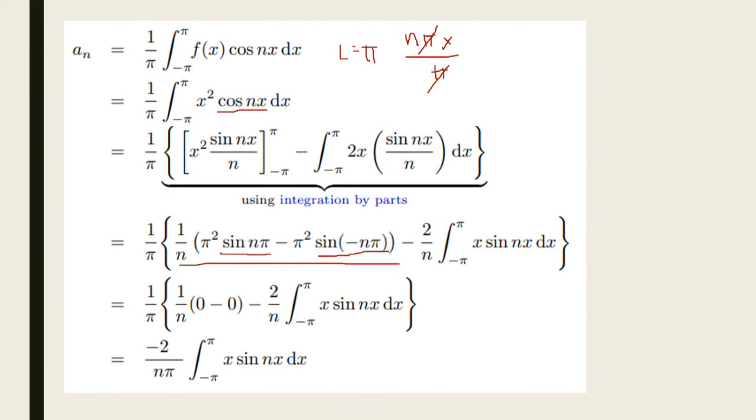That's why it's 0 here. So 0 minus 0, the first term will just be cancelled. So we get here, negative 2 over n pi times the integral of x sine nx dx from negative pi to pi.